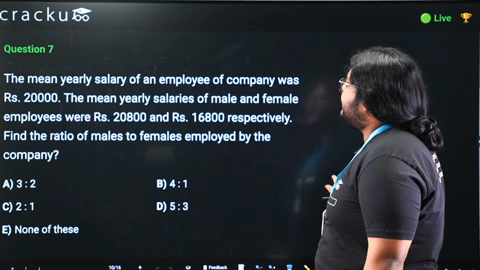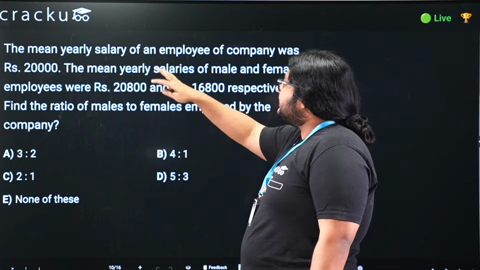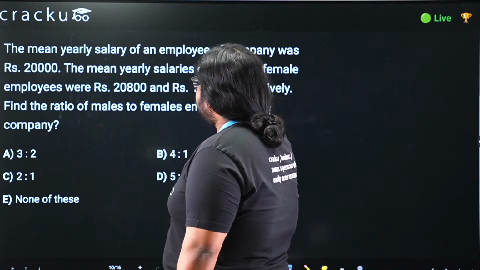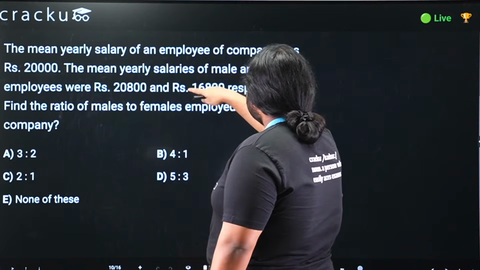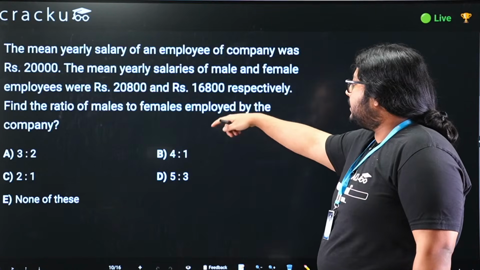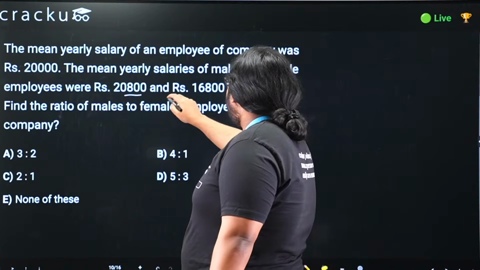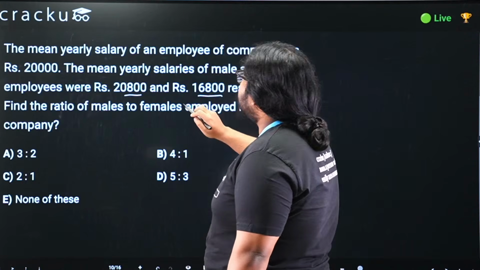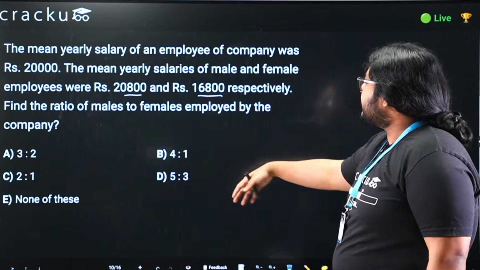Let's solve this. It says the mean yearly salary of an employee of a company was 20,000. Mean yearly salaries of male and female employees were 20,800 and 16,800. Find the ratio of males and females in the company.